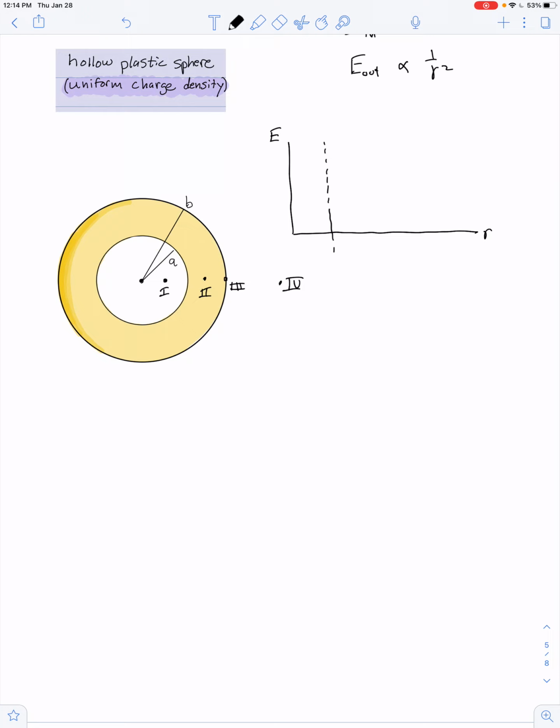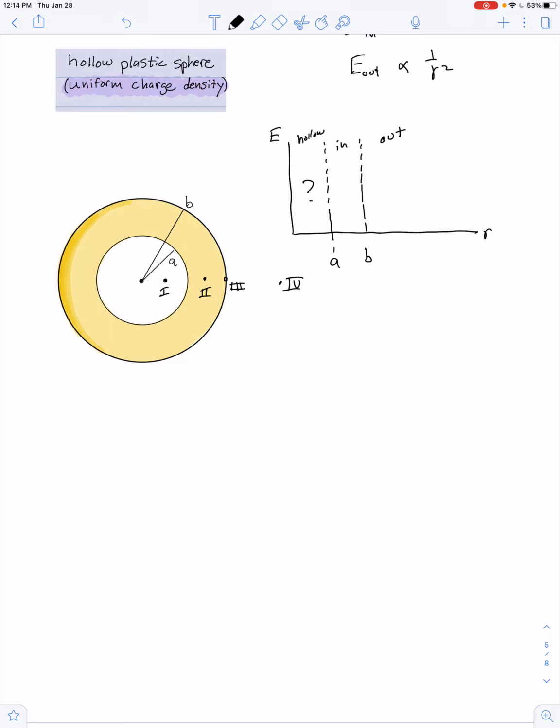So this represents the inner radius of the plastic sphere, A, and then we have point B, the outer radius, and so we have 3 regions now: hollow, interior to the plastic, and then outside of the whole arrangement. So do you have any guess what the electric field is going to look like in these regions? Okay, well, let's apply Gauss's law and figure it out.